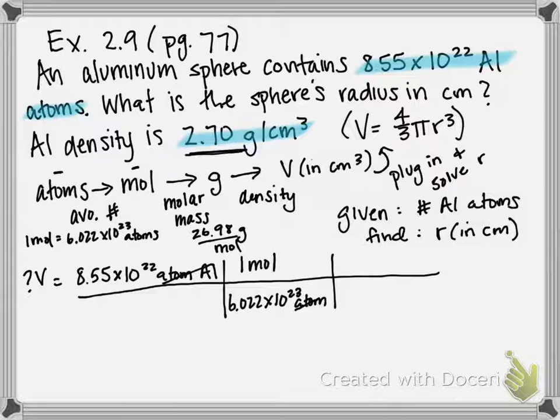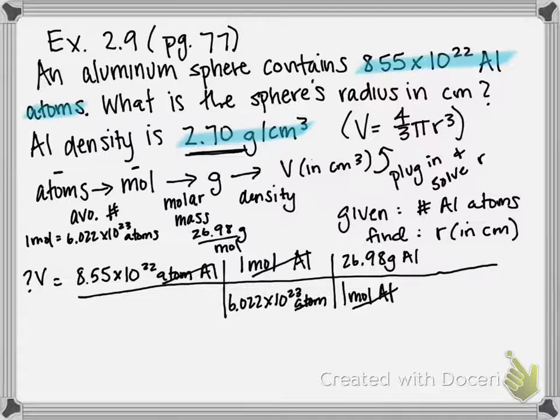And then we're going to be in moles of aluminum. We're going to use its molar mass. So on the bottom, 1 mole of aluminum, because that's what we're trying to cancel, contains 26.98 grams of aluminum. So then we're going to cancel moles.